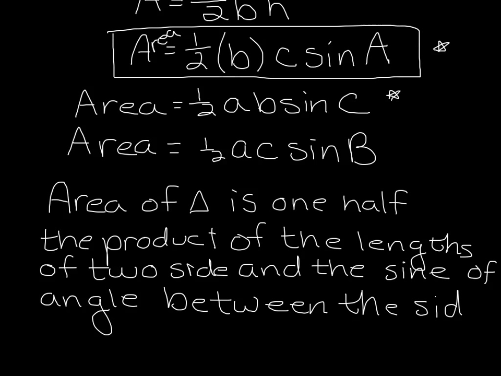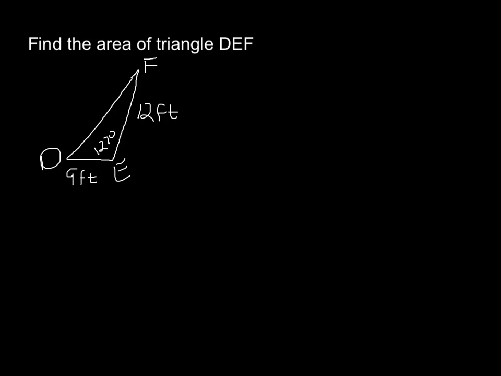Okay, so we'll do an example. So here we have triangle DEF with side DE being 9 feet, EF being 12 feet, and the angle between them being 127 degrees. So we know that the area of triangle DEF is equal to 1/2.